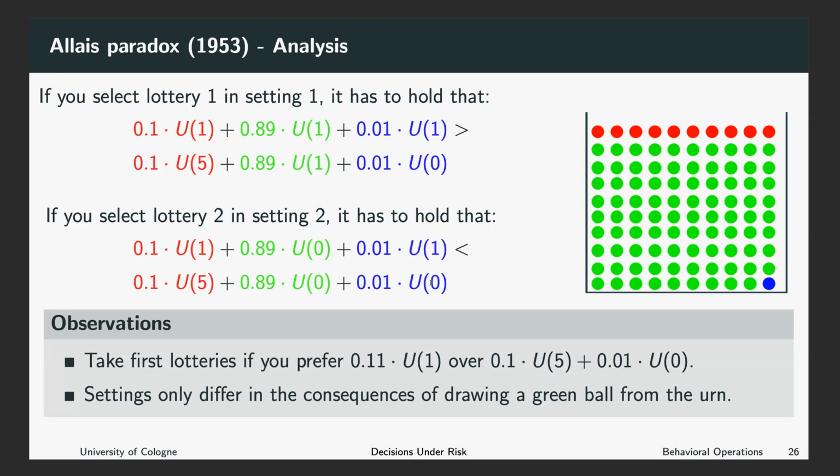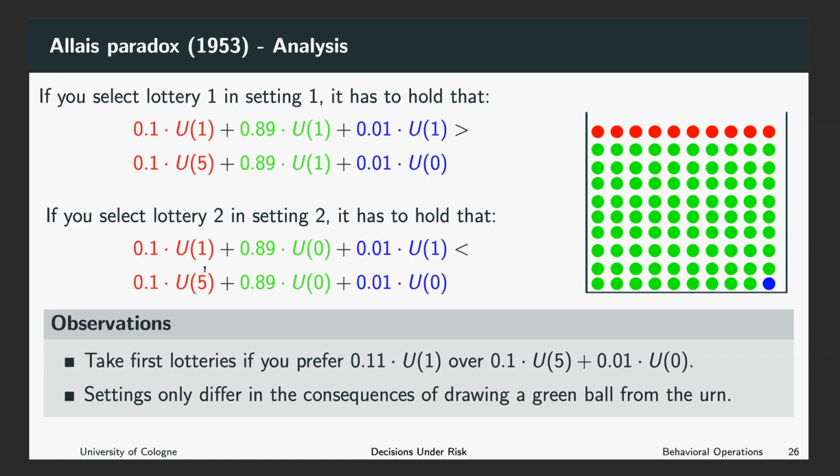If you now compare these two settings, you see that you should take the first lotteries if you prefer 11% times the utility of 1 million over 10% times the utility of 5 million plus 1% times the utility of 0.